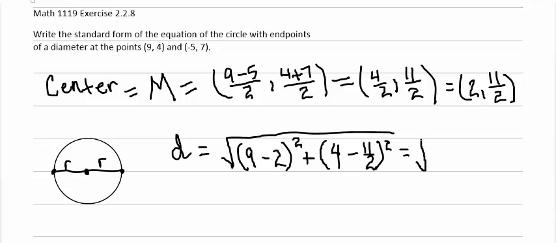So I have the square root of 9 minus 2 squared, which is 7 squared, plus 4 minus 11 halves squared. 4 is 8 halves, so this is the square of 8 halves minus 11 halves.